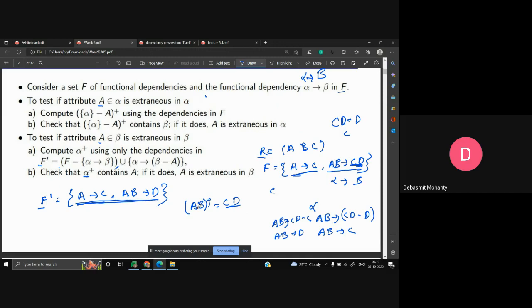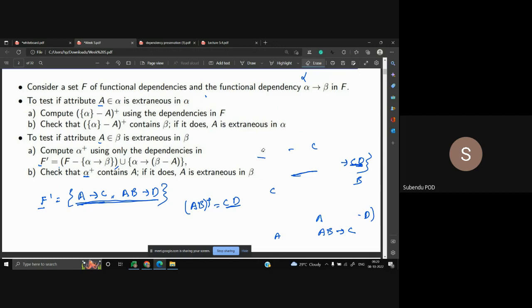So what is the logic of checking that F minus, and how do we logically remember this? Logically this is simple. The left hand side is clear, right?